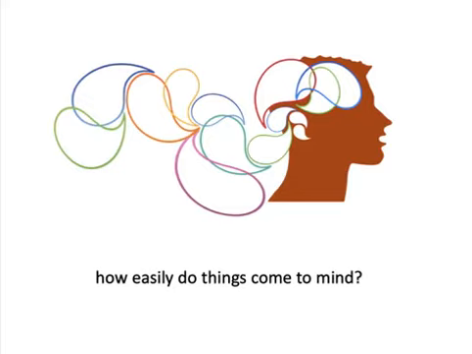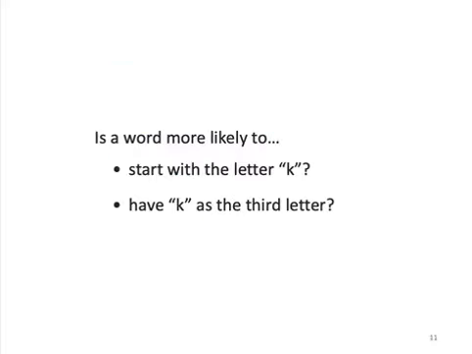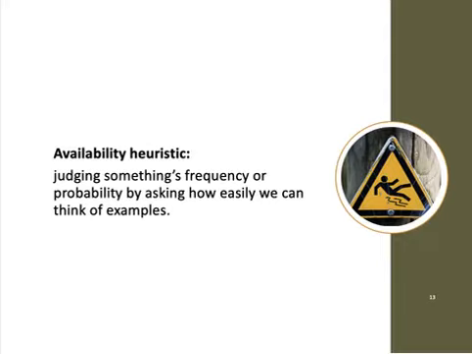Okay, so in many cases, how easily something comes to mind affects how likely we think it is. And this is a heuristic, which is called the availability heuristic, judging something's frequency or probability by asking how easily we can think of examples.